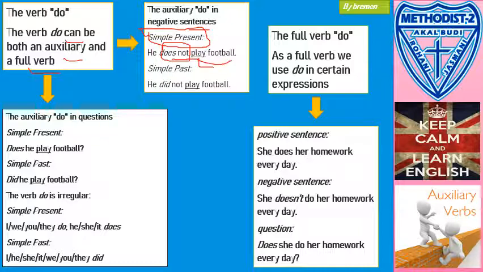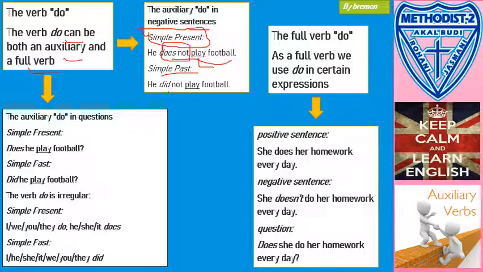The same thing also with the simple past. "Did not play". So the auxiliary verb here is "do", to help "play" in the simple present and simple past in negative sentences. The same thing happens with "do" in questions. Does he play football? Did he play football?